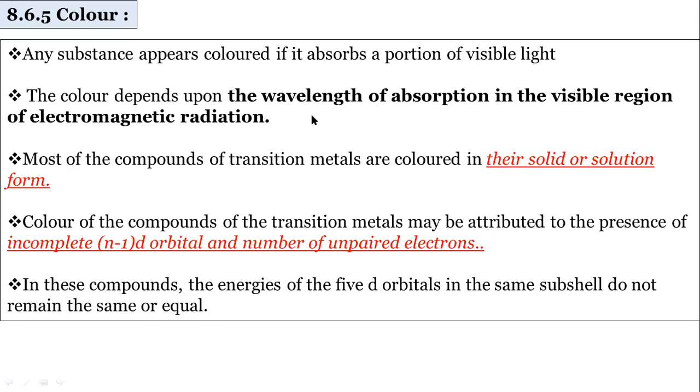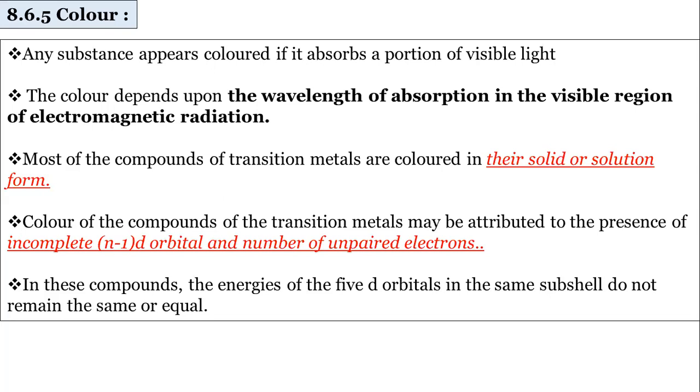Remember, what wavelength of light is absorbed and what wavelength of light is given. So the color depends upon the wavelength of absorption in the visible region, meaning from the visible region, which wavelength is absorbed and which wavelength is transmitted.